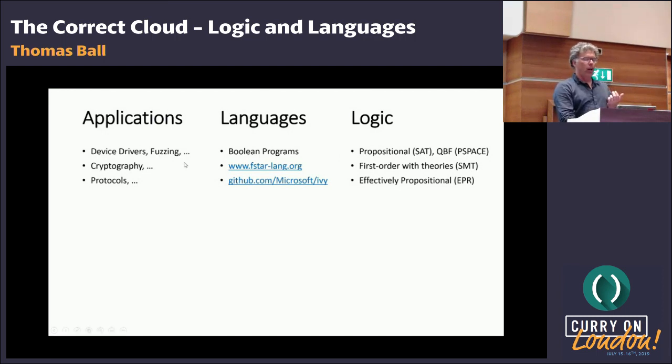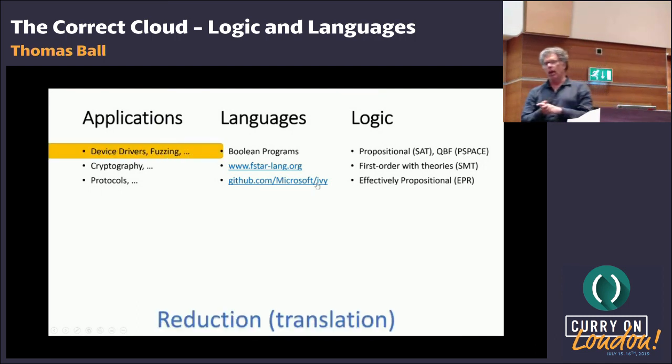And then we're going to pop up the hierarchy to first order with theories and how a type system was devised to incorporate both type checking and satisfiability modulo theory solvers. And then we will come down the hierarchy to effectively propositional logic and a new language called Ivy that uses restrictions on the language to look at decidability.